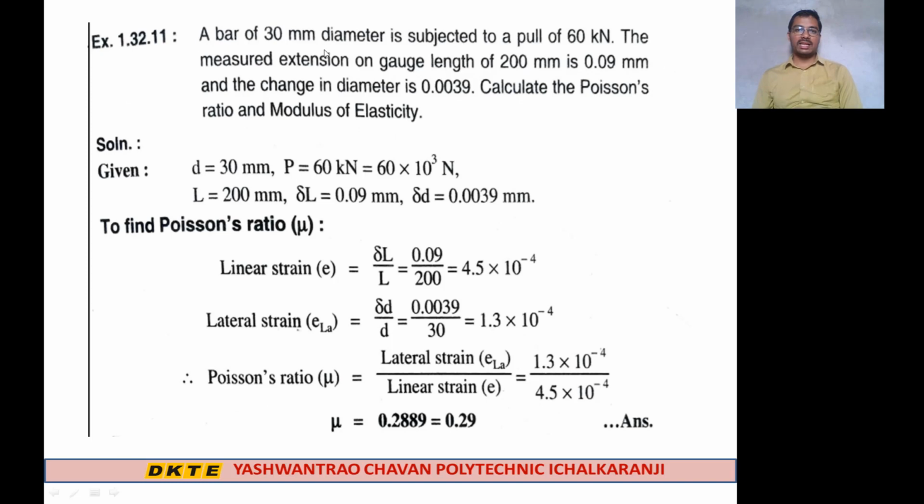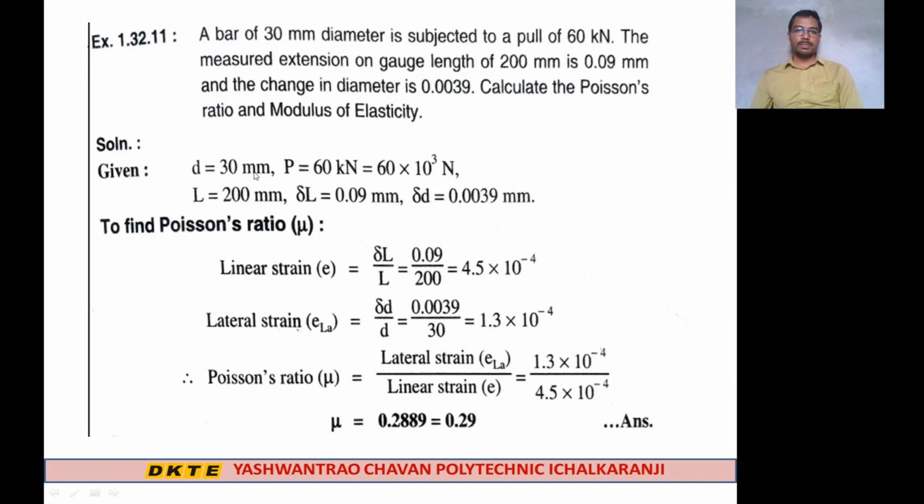A bar of 30 mm diameter is subjected to a pull of 60 kN. The measured extension on a gauge length of 200 mm is 0.09 mm, and the change in diameter is 0.0039 mm. Calculate the Poisson's ratio and modulus of elasticity.